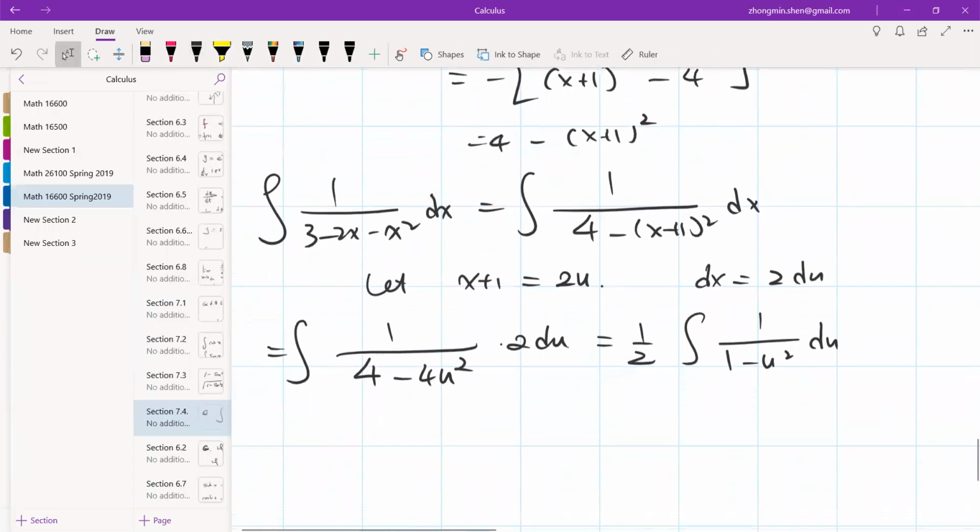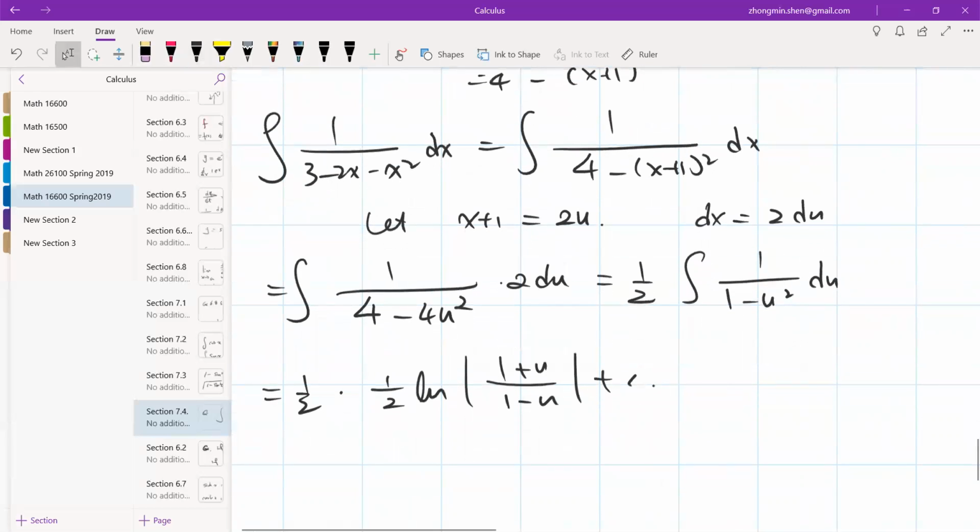This well-known integral, I still remember, is going to be 1/2 natural log, and I put the first value here. Okay, so that's what I get. Right, so what is u? u is going to be half of x plus 1, so it's 1 plus 2 over x plus 1, over 1 minus 2 over x plus 1.